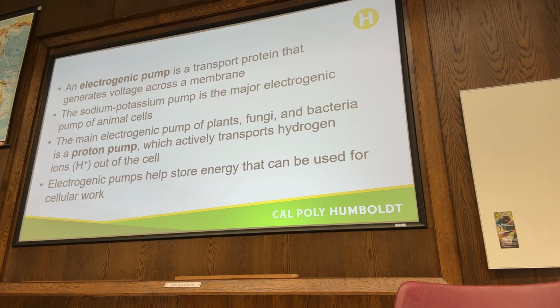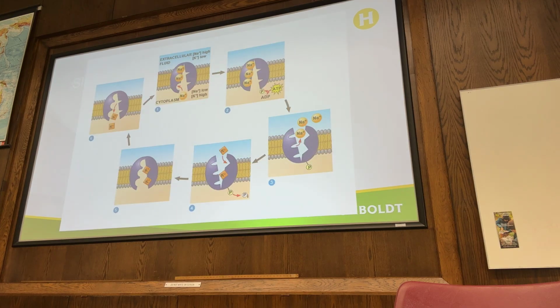So if you're pumping charged particles across a membrane, you're generating voltage. If you open up a membrane and let, say, potassium flood into a cell, that can lead to a huge electrical pulse that then travels down, say, a nerve cell. We'll keep it simple.